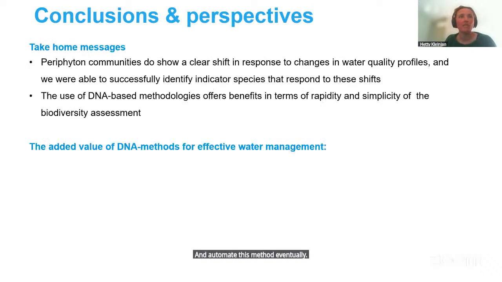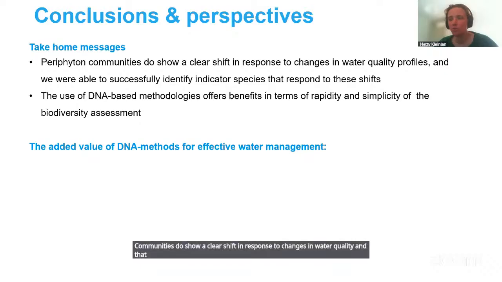So my take-home message would be that periphyton communities do show a clear shift in response to changes in water quality, and that they can indeed be used to monitor biodiversity and to identify bioindicator species.